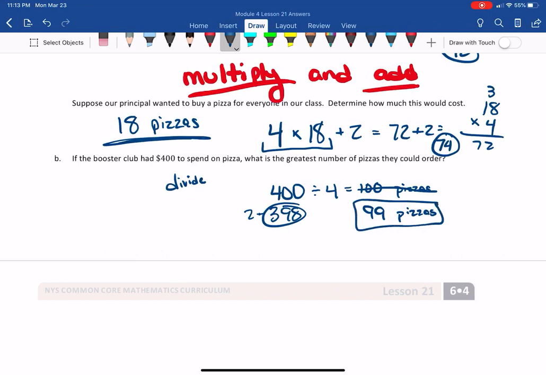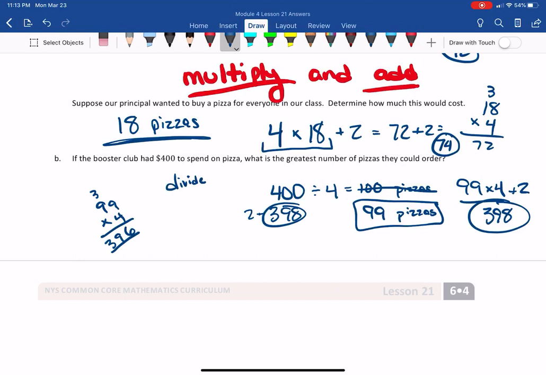Because 99 times 4, scratch math, $396. But then for my delivery charge, I have to add the $2 to it, so it becomes $398. And then we'll let the booster club have $2 extra.